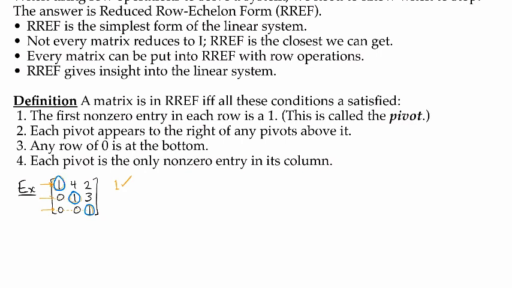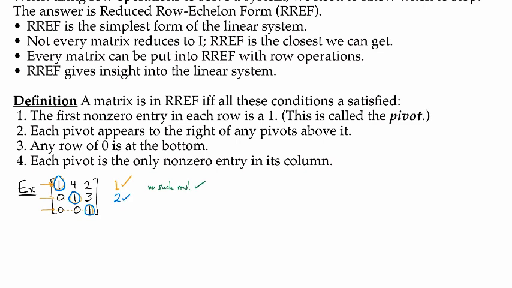The pivot in the third row appears strictly to the right of this pivot, and hence also of the first pivot. So the second condition is verified. Then, any row of zeros is at the bottom. Since there is no row of all zeros, this is trivially satisfied.